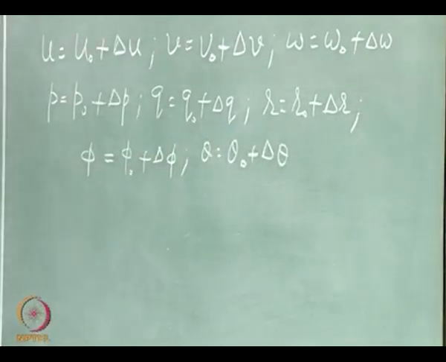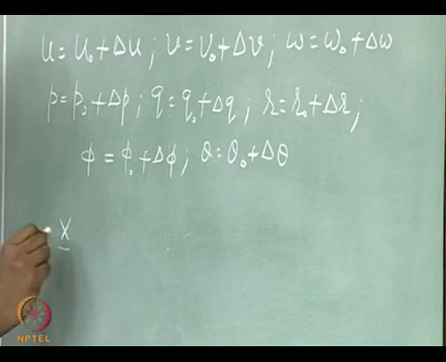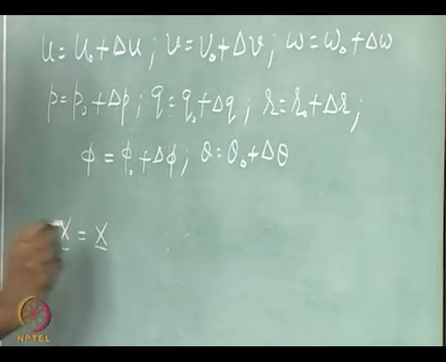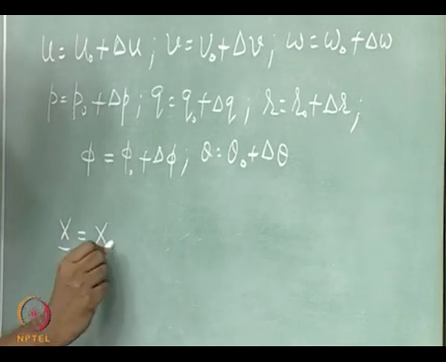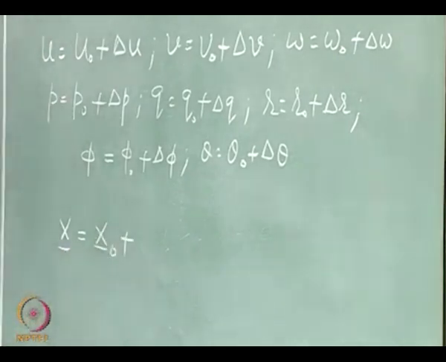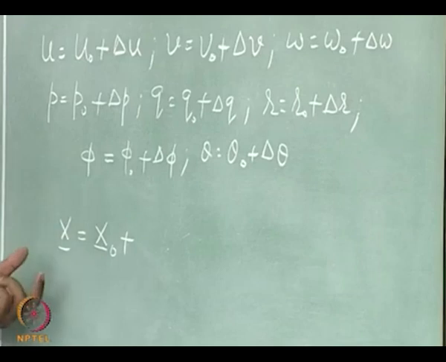So, in general I can write this x bar as the sum of this equilibrium condition plus the variation in x from the equilibrium condition.